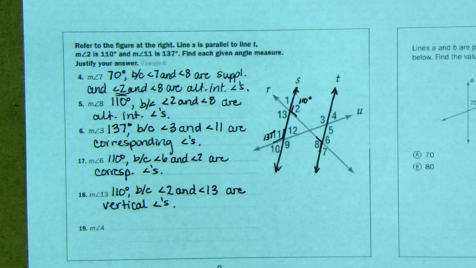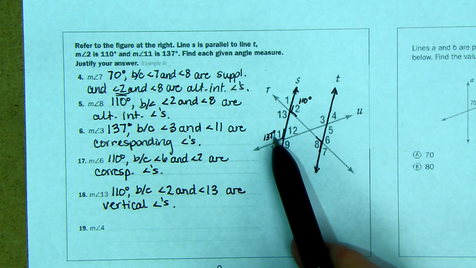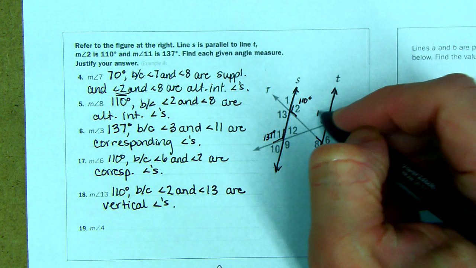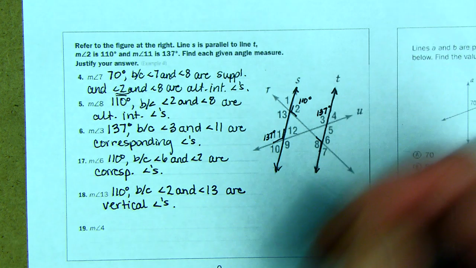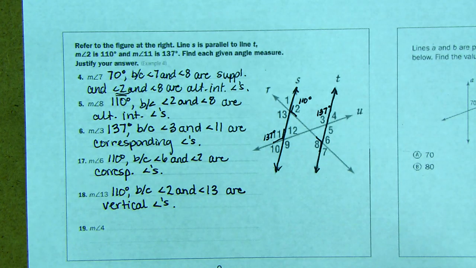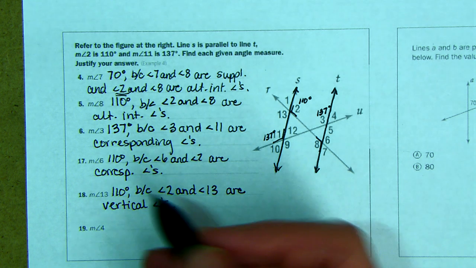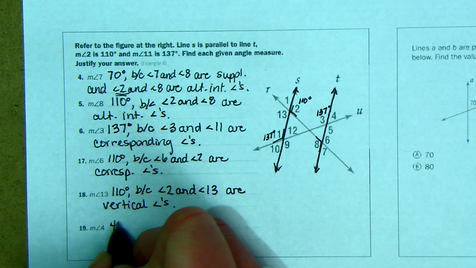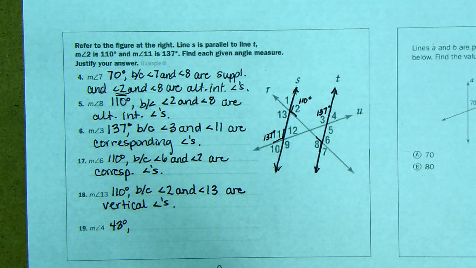Angle 4 is tough because angle 4 isn't 137 degrees. Now we already talked about the fact that 3 was, and 3 and 4 together make a straight line. So 180 minus 137 is 43. So angle 4 is 43. 2 steps on this one.